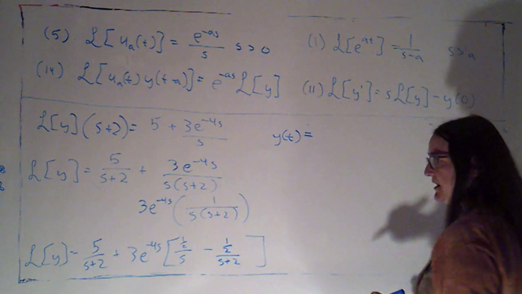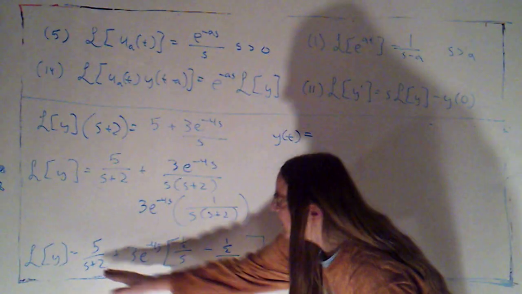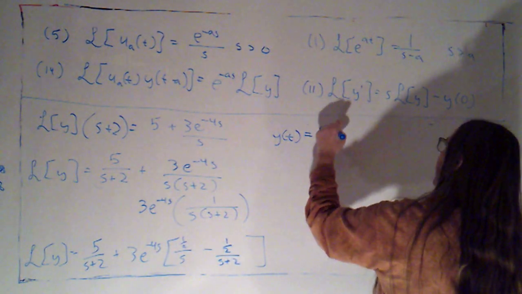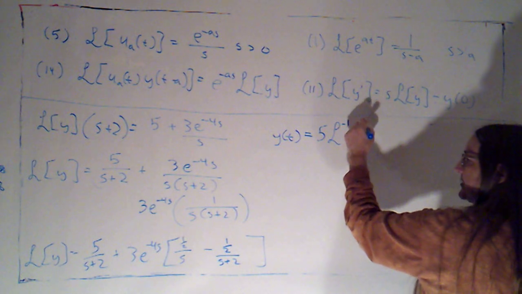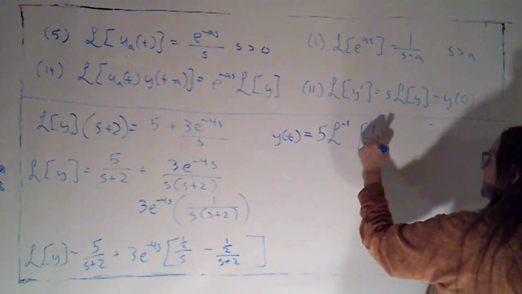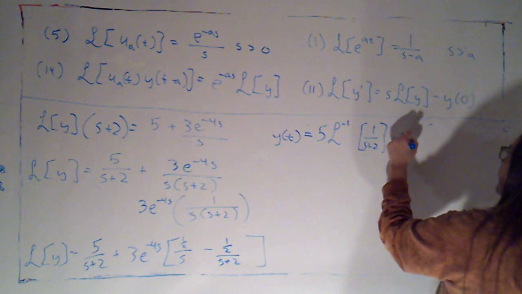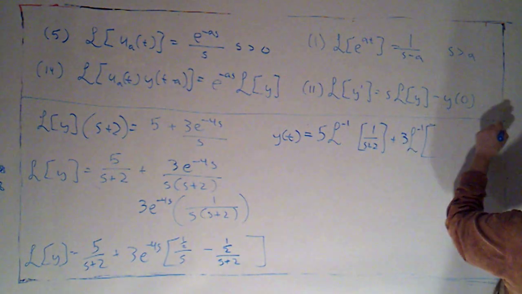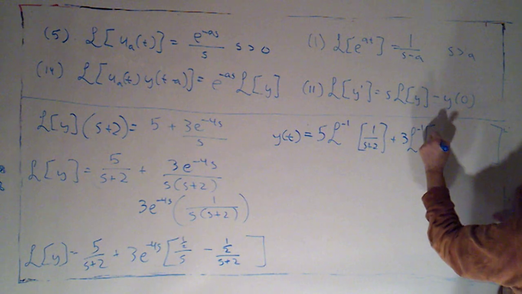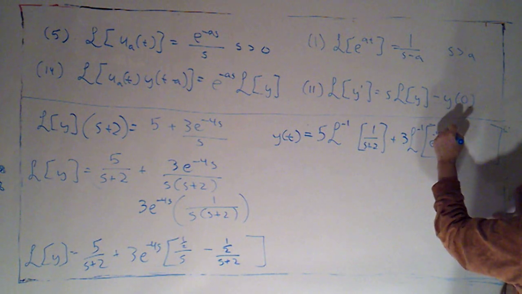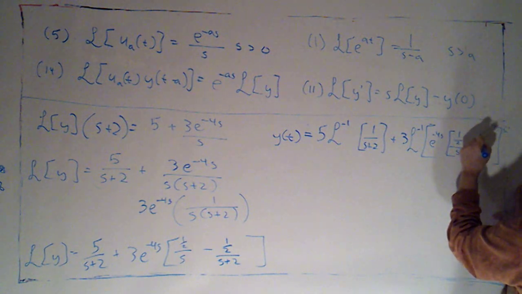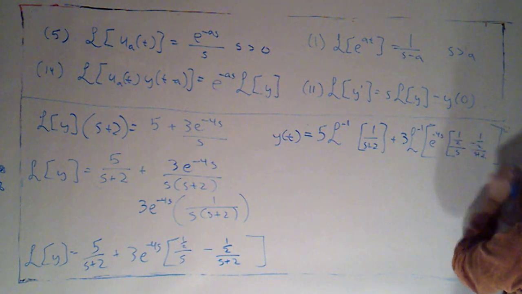I'm going to use the fact that the Laplace transform is linear, so that's going to be 5 copies of the inverse Laplace transform of 1 over s plus 2, plus 3 copies of the inverse Laplace transform of e to the negative 4s times 1/2 over s minus 1/2 over s plus 2.